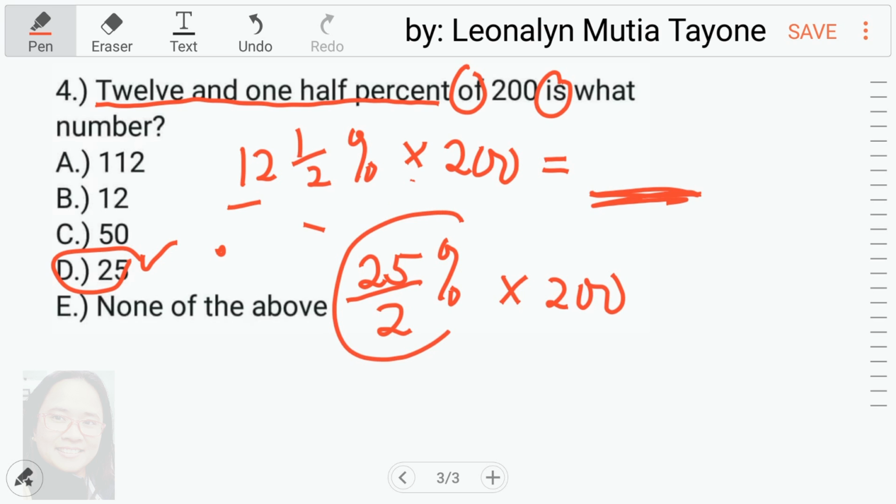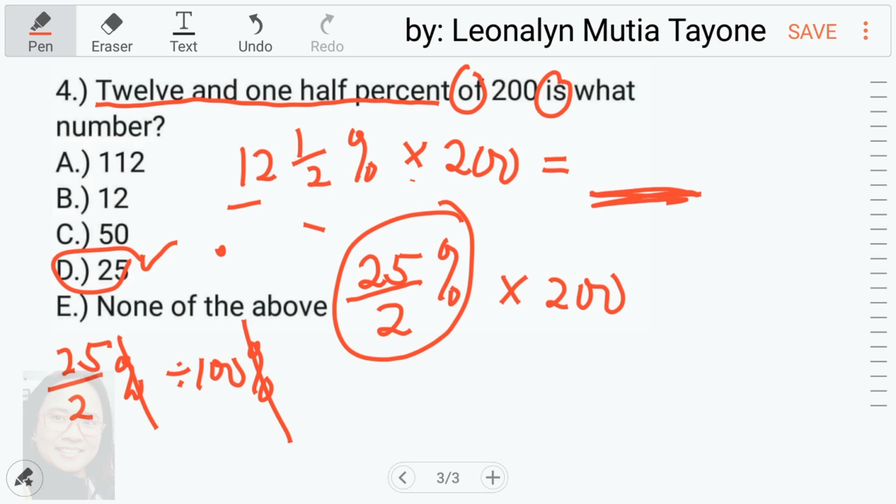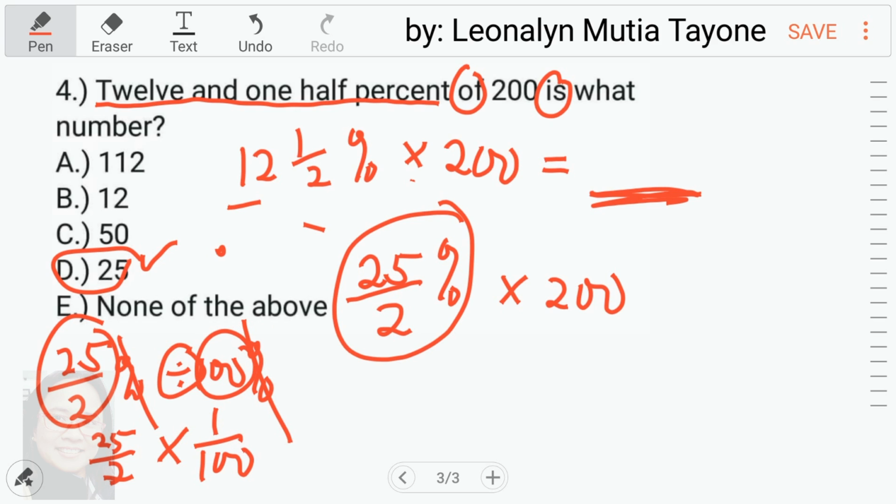Itong si 25/2%, mag-divide tayo ng 100% again para ma-cancel out si percent sign. Kopyahin si 25/2. Si division maging multiplication, reciprocal ni 100 ay 1/100.